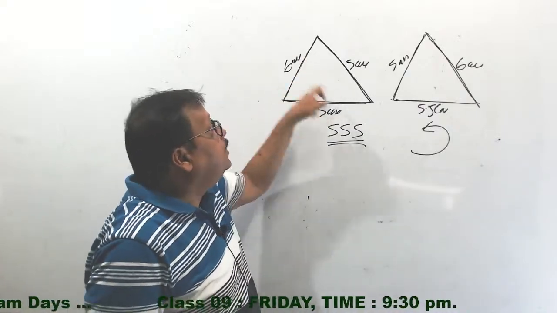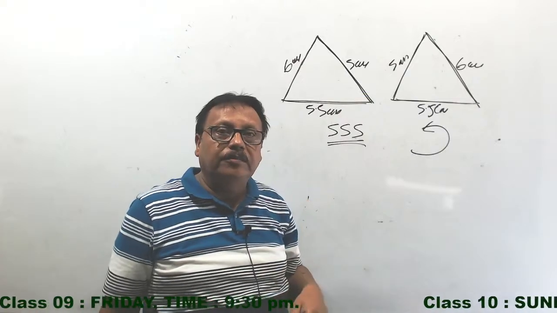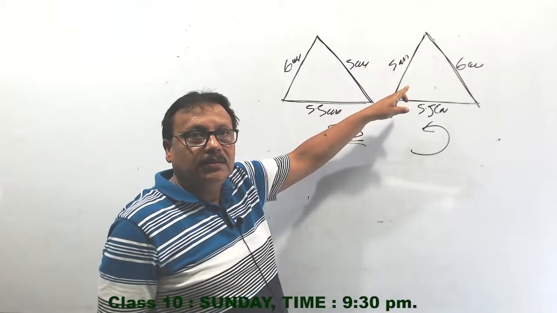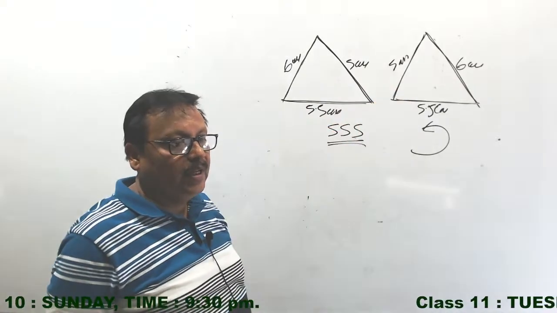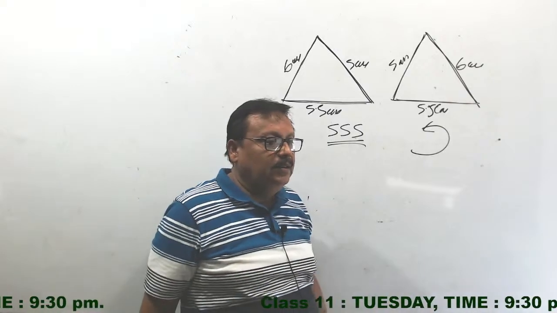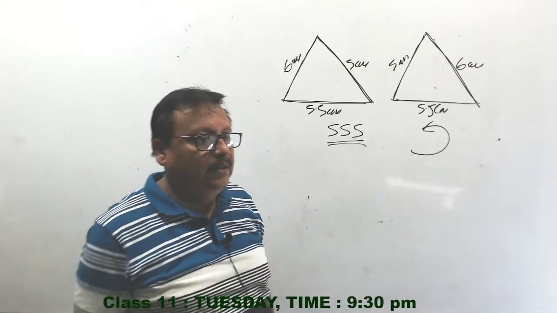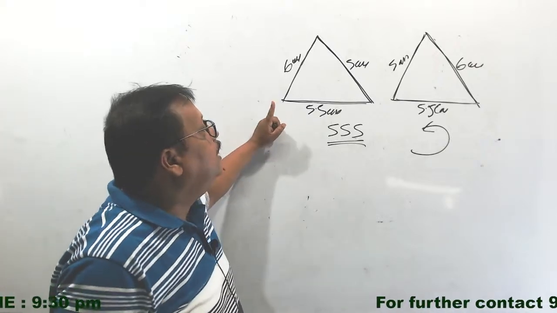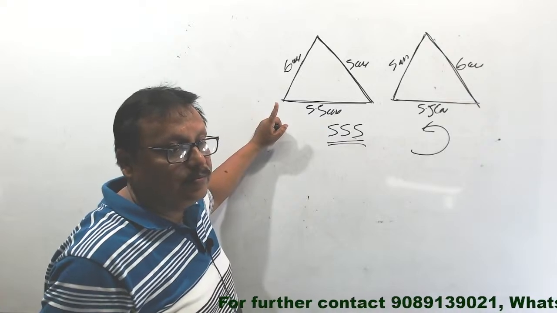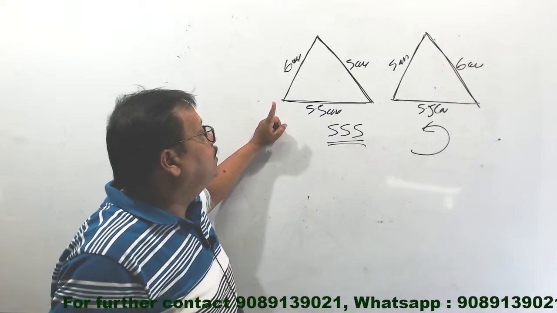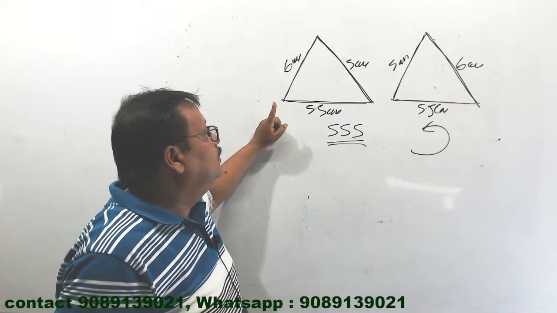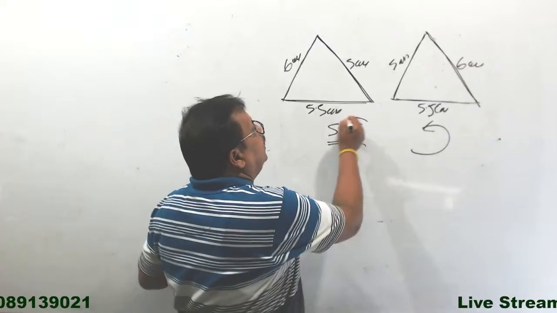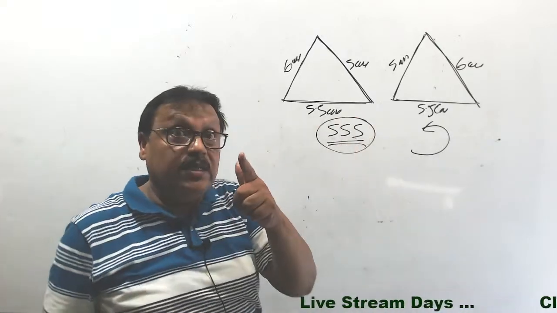You proved by the given conditions: 3 side lengths are given. This is the given condition. 3 sides are equal in length. By SSS criterion, these two triangles are congruent. That is, you use only the 3 elements of the triangle, only 3 sides.